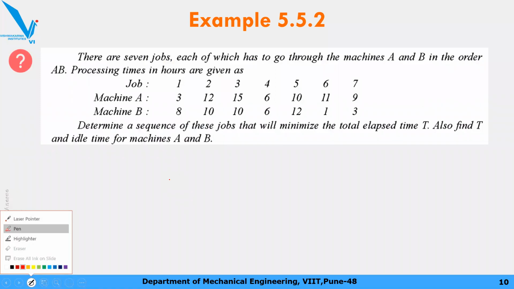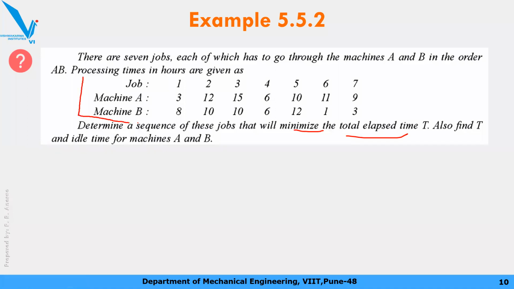Try to solve this numerical. Let me know in the chat window what should be the optimum sequence. The rest of the part, idle time and elapsed time, you try to calculate on your own. That part is easy. But let me know whether all of you understood the job sequence chart. Okay, so start working on making this job sequence chart.